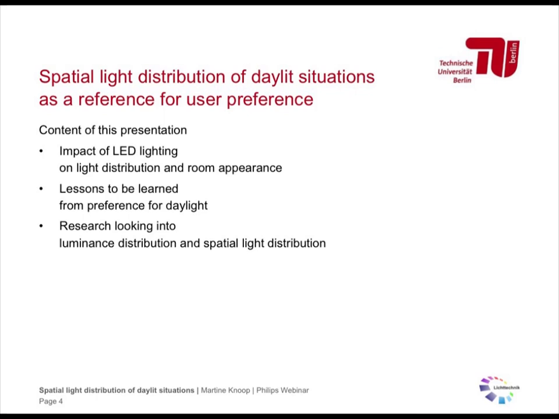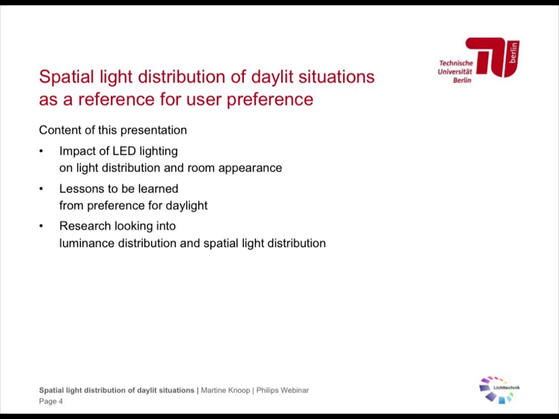I will address three topics in this webinar. I will start with the impact of LED lighting on indoor lighting conditions with a focus on office lighting. This was the starting point for my research and the reason why I regained interest in the characteristics of daylight.